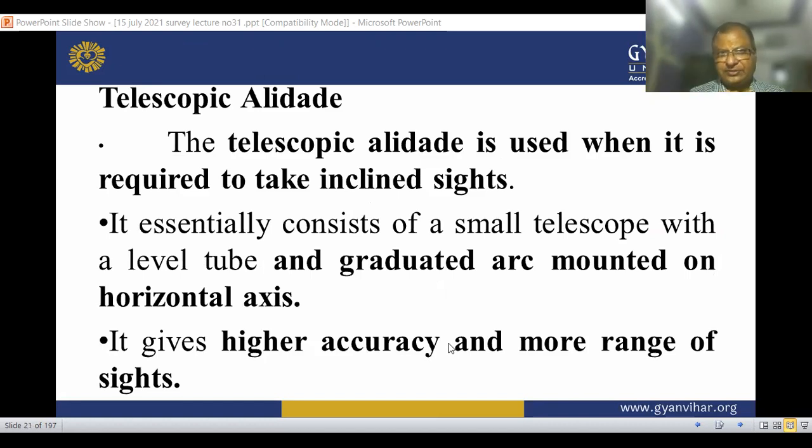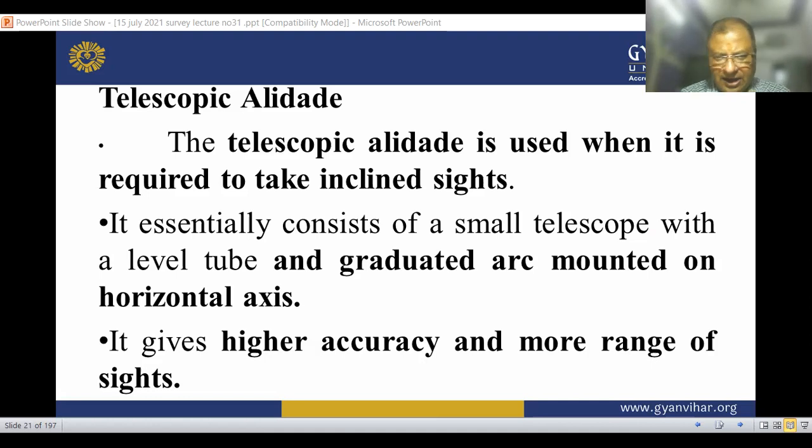Now the telescopic alidade. The telescopic alidade is used when it is required to take inclined sights, and it essentially consists of a small telescope with a level tube and vernier mounted on a horizontal axis.